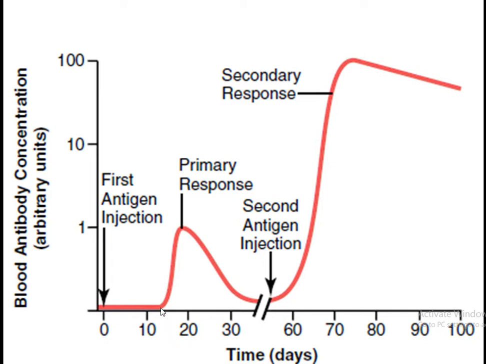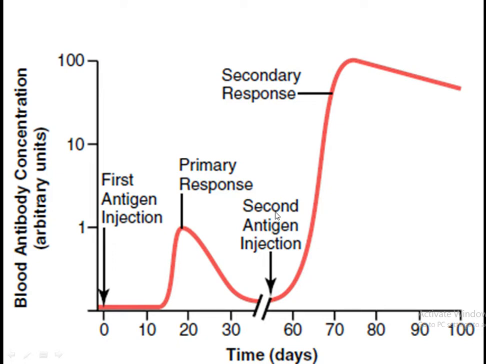It is time consuming, so the reaction is delayed. Primary response is there after the first exposure. Then with time it subsides. But some of the original cells remain there to have a good enhanced response later on.